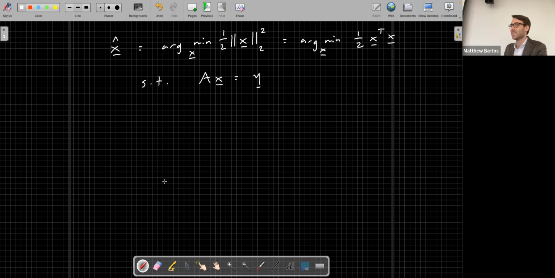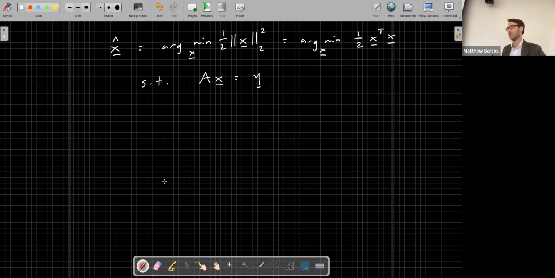So one thing we can do is take this constrained optimization problem and convert it into an unconstrained optimization problem, right? What's that technique called? Does anyone remember? So this is an important one. Does anyone remember the technique of Lagrange multipliers?